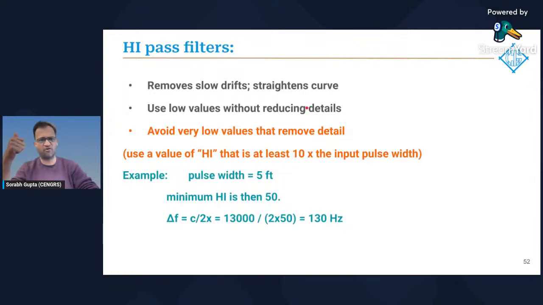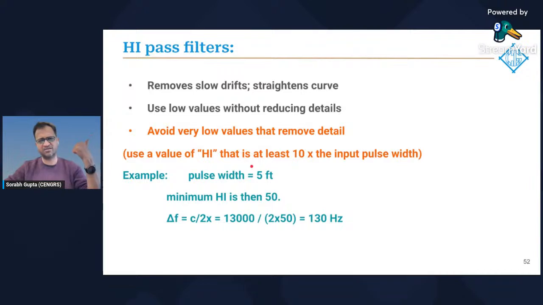So the rule of thumb for high pass filter is, before that, the purpose of a high pass filter is to remove the slow drift and to straighten your curve. You can use low values as long as you are not altering the PIT shape, the data shape. And you have to avoid very low values that remove important details, just the way we saw earlier.